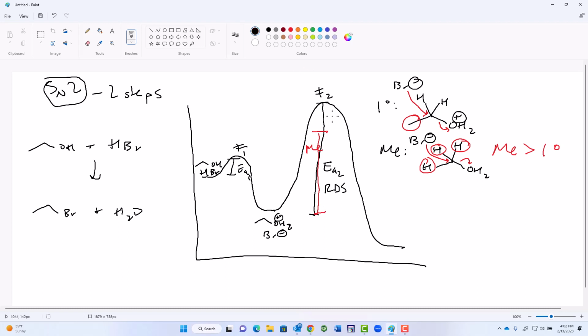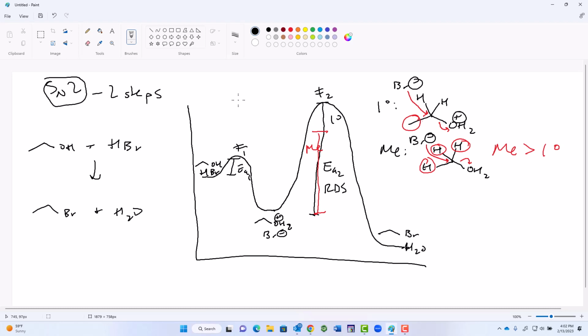So we could say that this is a primary alcohol. They do both proceed quickly, but we do see the kinetics are affected a little bit by changing from a methyl to a primary alcohol. And finally, just to round this out, we see that the ultimate step is substitution by the bromide on the H2O group.